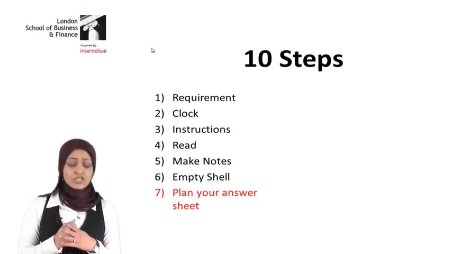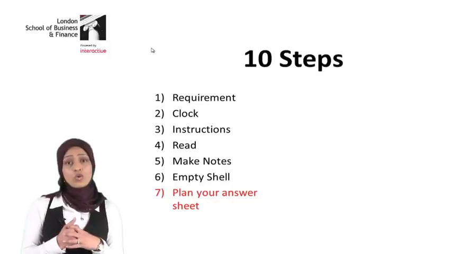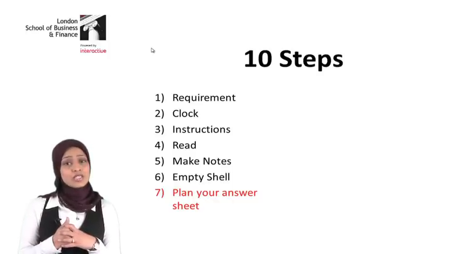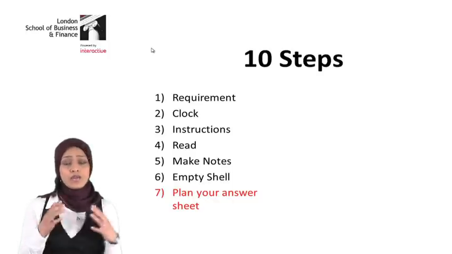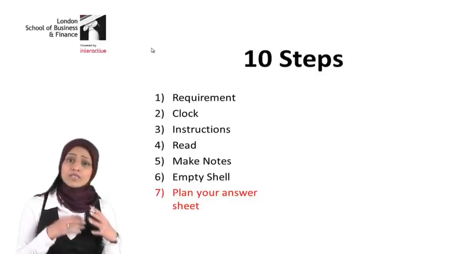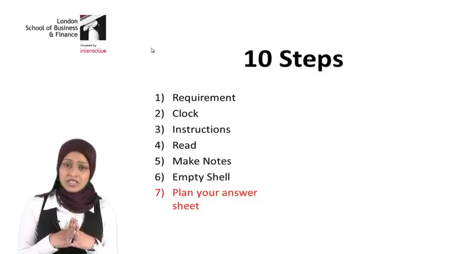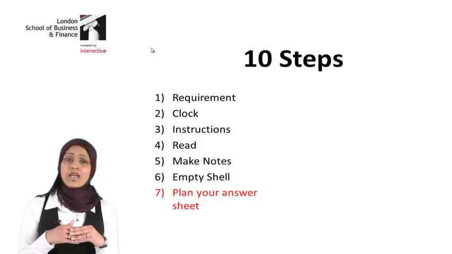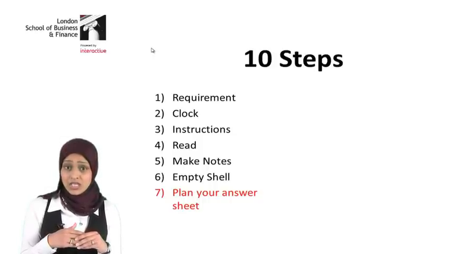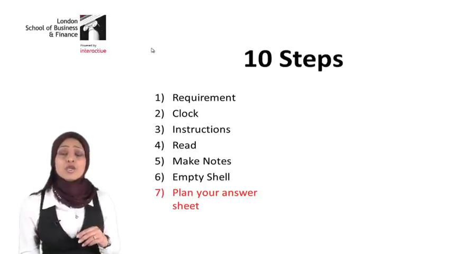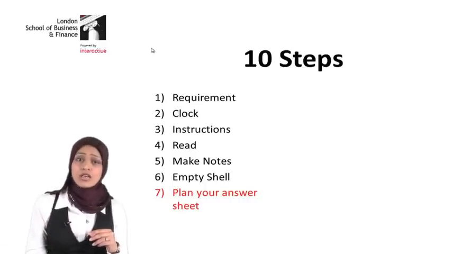And what I'd like to show you is how you go about planning your answer sheet. In order to show you your 7th step, I'm still going to be using the same question as we did with the previous step. The question that we were looking at was question 1 on the pilot paper called Peter Chic. Part A of the requirement asked you for income tax payable.